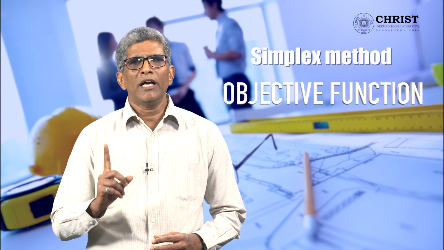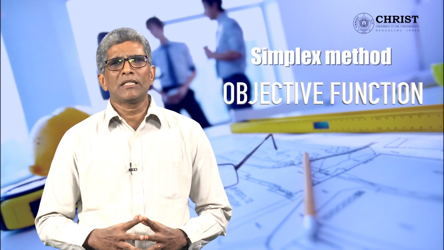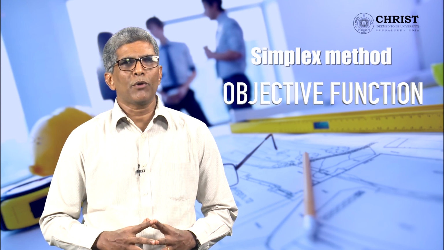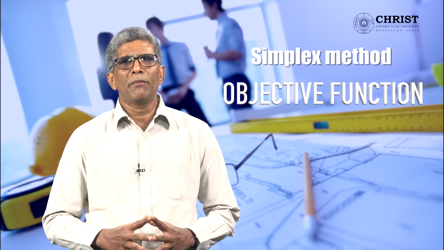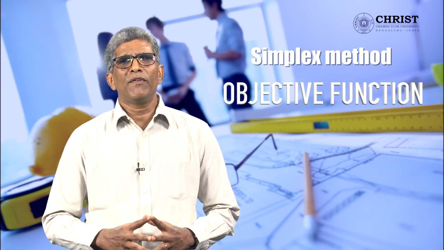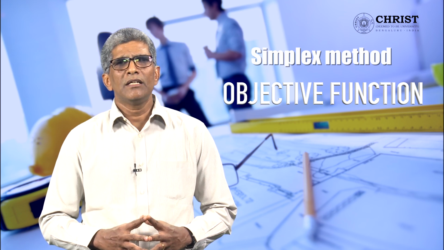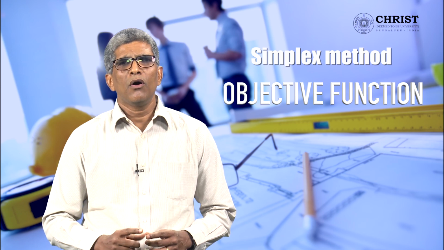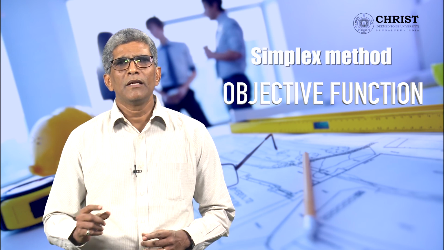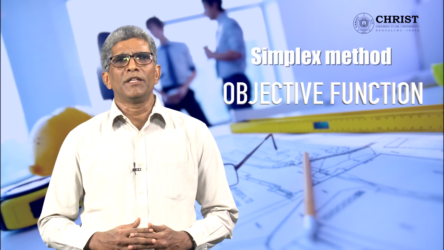Firstly, an objective function expresses the main aim of the given problem, which is to minimize or maximize. For example, in a civil engineering example, they represent the minimization of cost or maximization of the profit. Let me elaborate further.